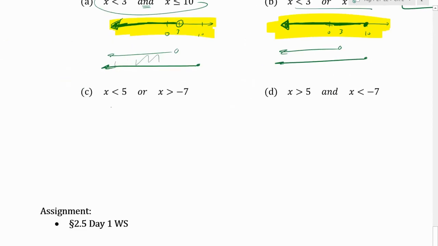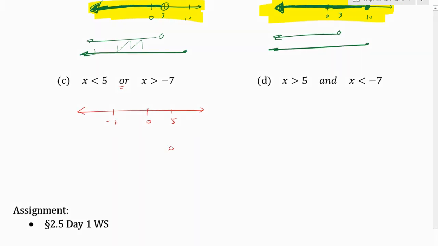Okay, all right, and this one, 0, 5, -7. I want to be bigger than 5, or, why did I say bigger than 5? Oh my gosh. Less than 5 or greater than or equal to -7. Okay, as long as it's one or the other, we're good.